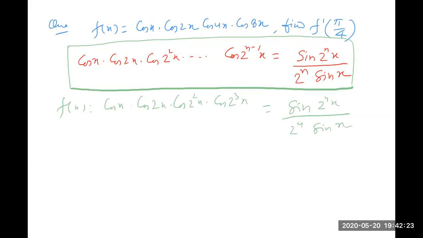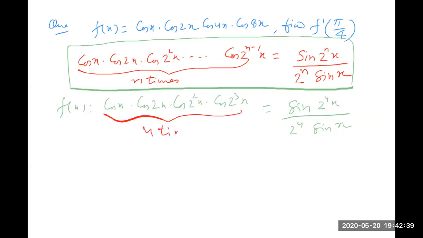See, in the question I am here up to n minus 1. This highest power is n minus 1. That means there are total n factors, n times. So how many times do I have? 4 times. So I am able to get sine 2 raised to power 4 upon this. So f(x) is equal to sine 16x upon 16 sin x.